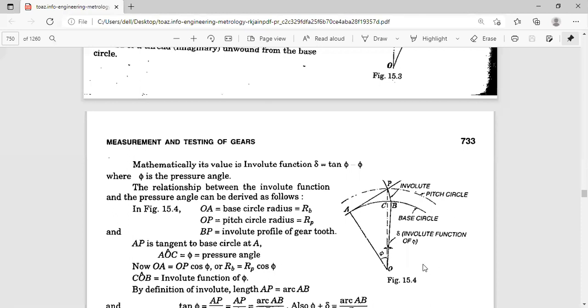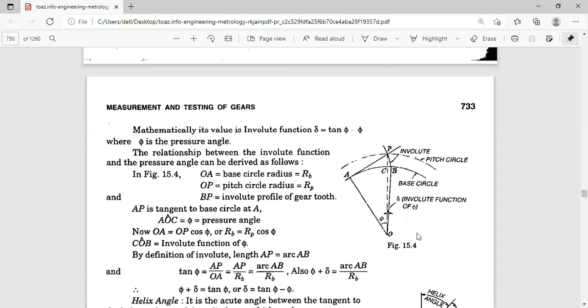It may or may not be useful in the examination, but the fundamentals you have to know. So what is this? This OA. What is OA? It is the base circle radius, RB. What is OP? It is the pitch circle radius.